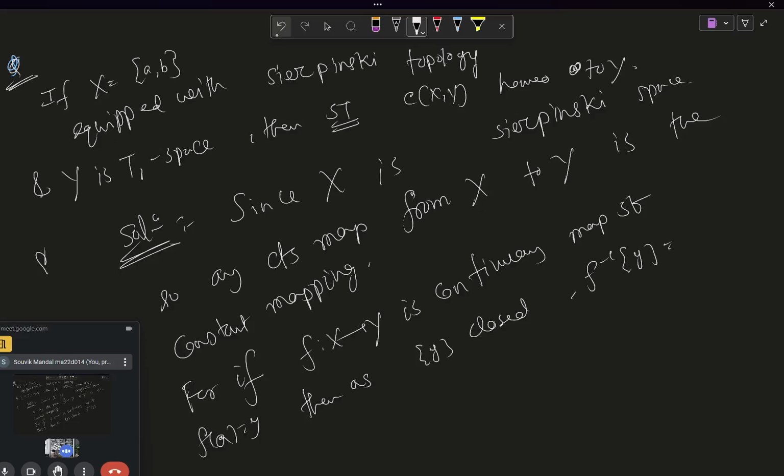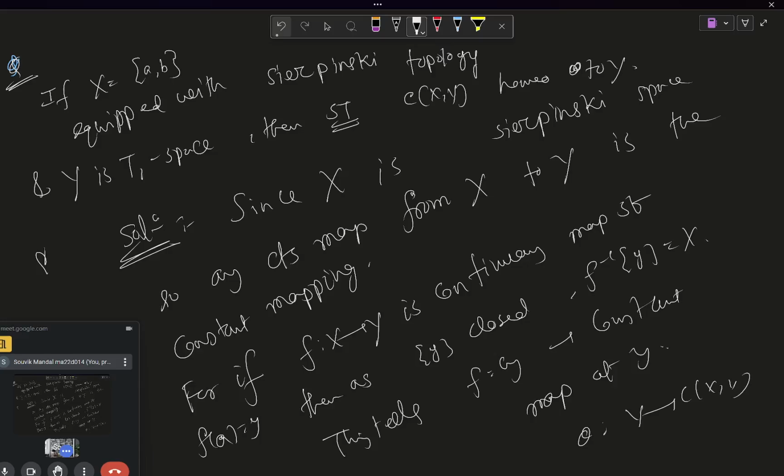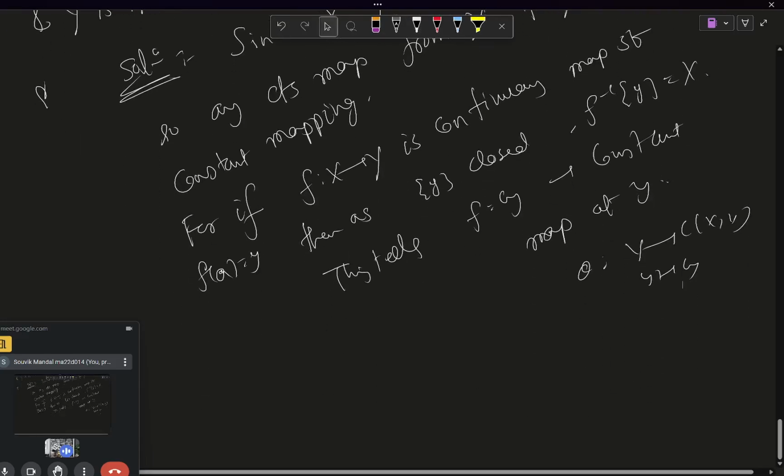So f inverse of the singleton {y} is equal to X. And this tells that f is equal to c_y, that is, a constant map of Y. Therefore the map theta from Y to C(X,Y), y goes to c_y, is a bijection.